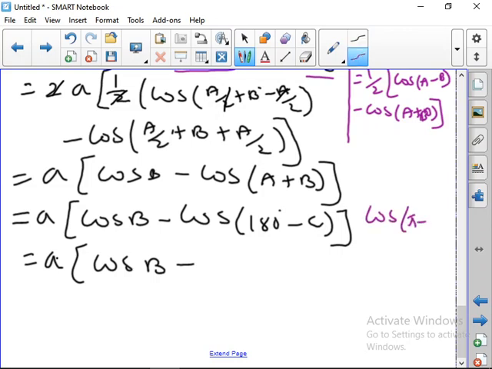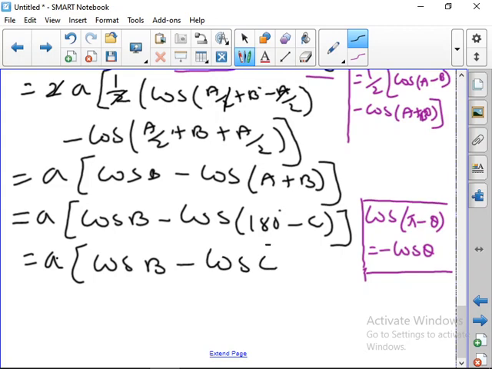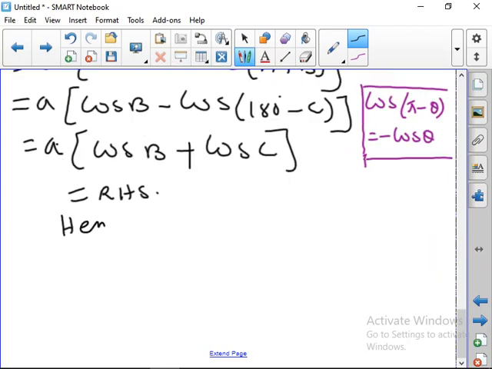Cos pi minus theta. What is cos pi minus theta? Second quadrant. So minus. Cos is minus. And since it is 180, cos remains the same. So minus cos theta. Okay. Minus cos theta. So what do you get? Minus cos C we get. Minus. Here there is one minus. So it will become plus, which is equal to the right hand side. Okay, hence it is proved.